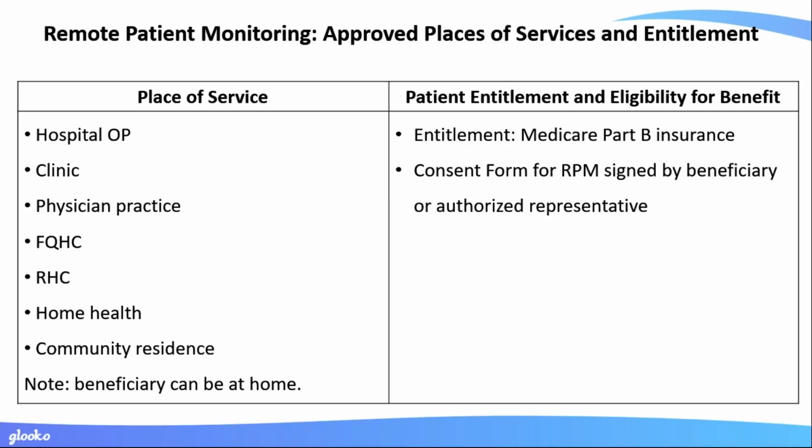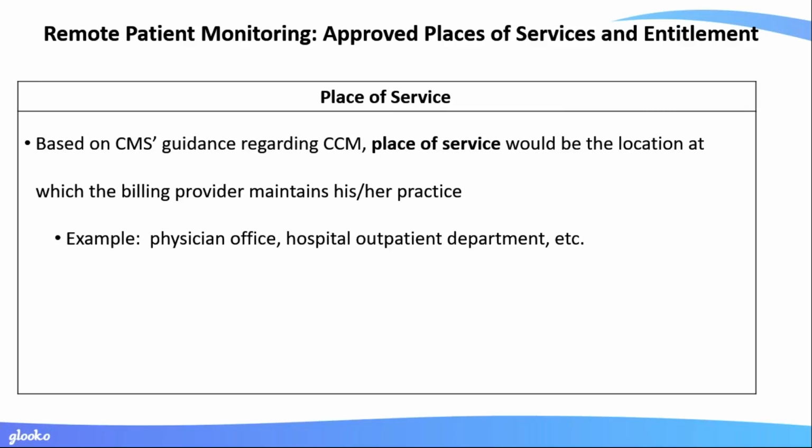And if you do opt into it, that's your choice, you do pay an extra monthly premium to get that Part B insurance. So it's always a good idea to check with your beneficiary, ask to see her Medicare enrollment card in her wallet or his wallet to see if Part B is listed on that card. So when you're submitting a claim, you're like, what place of service code do I put on the claim?